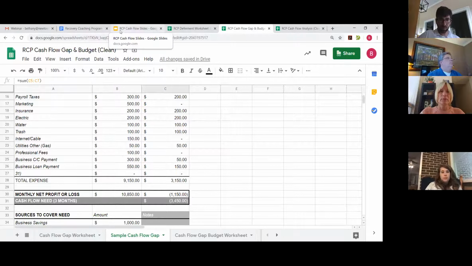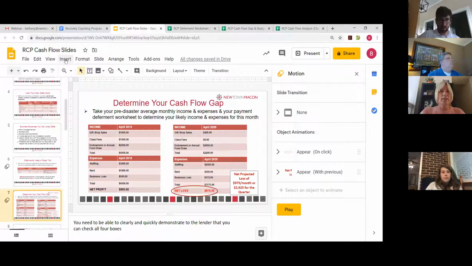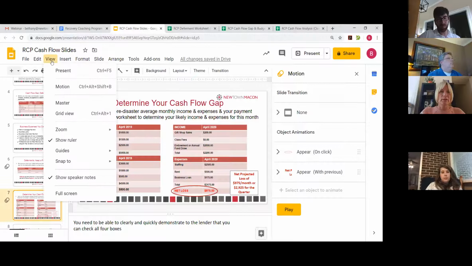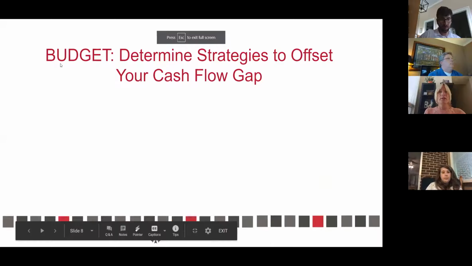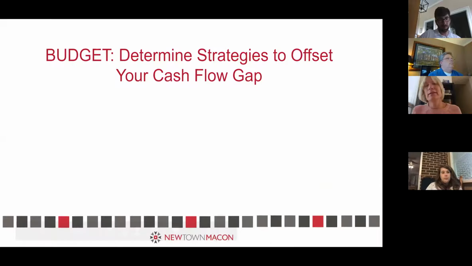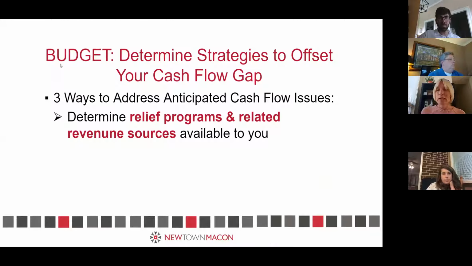So once you have an idea of what your cash flow gap is going to be for the upcoming quarter, then we start to get into the budgeting piece here. When it comes to budgeting, there are 3 ways that you address your cash flow gap. The first relates to income.